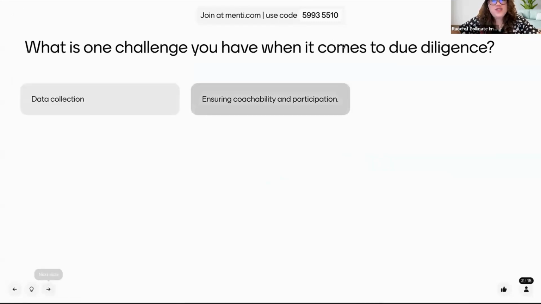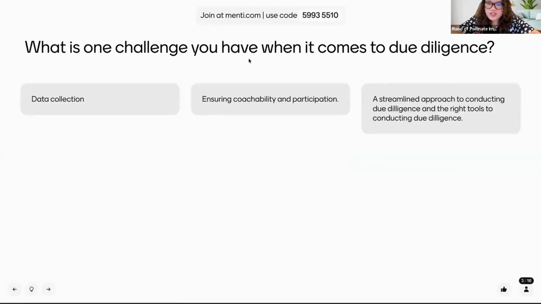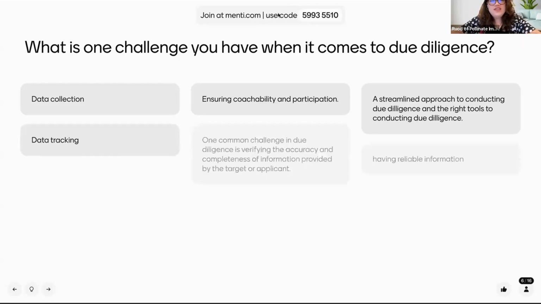And then our last question was just to give our speakers a little bit of context in terms of your challenges when it comes to due diligence. I see there's one on data collection, how to collect the data of entrepreneurs, maybe what to collect as well, ensuring coachability and participation. How best to make sure that this can be taught and that people will participate, a streamlined approach to conducting due diligence and the right tools to conduct it. Data tracking.